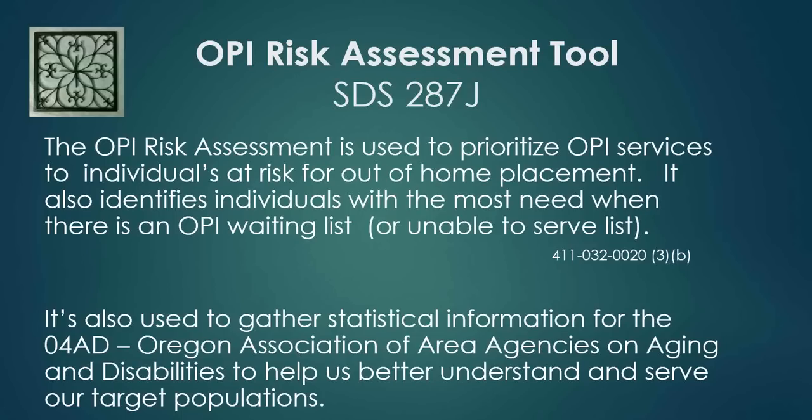This form is also used to gather statistical information for the O4AD to help us better understand our target populations and to communicate with the Oregon legislature when we're trying to communicate the need for funds for OPI statewide. So it has many uses.